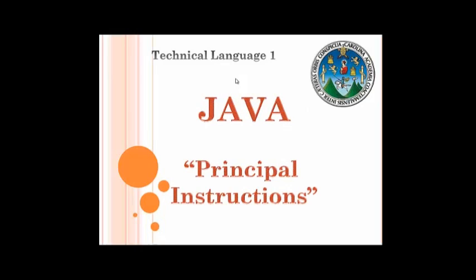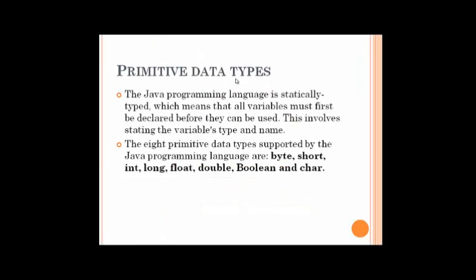Well, now we are going to talk about the principal instructions for the programming language called Java. We are going to start with the primitive data types. The Java programming language is statically typed, which means that all variables must first be declared before they can be used.